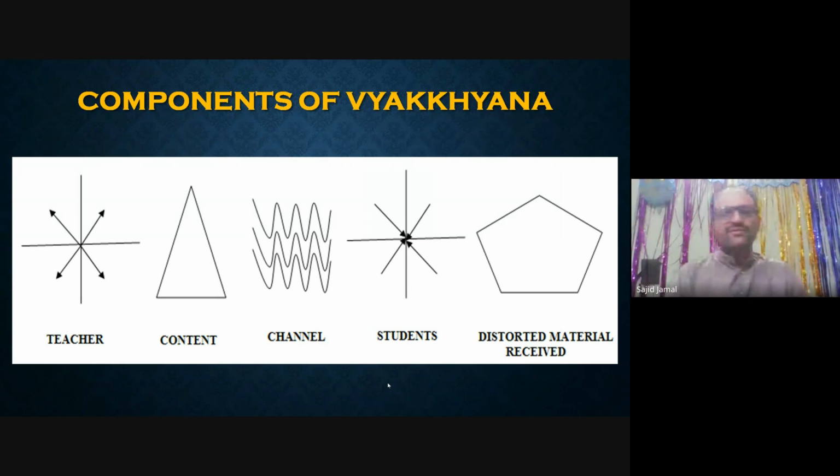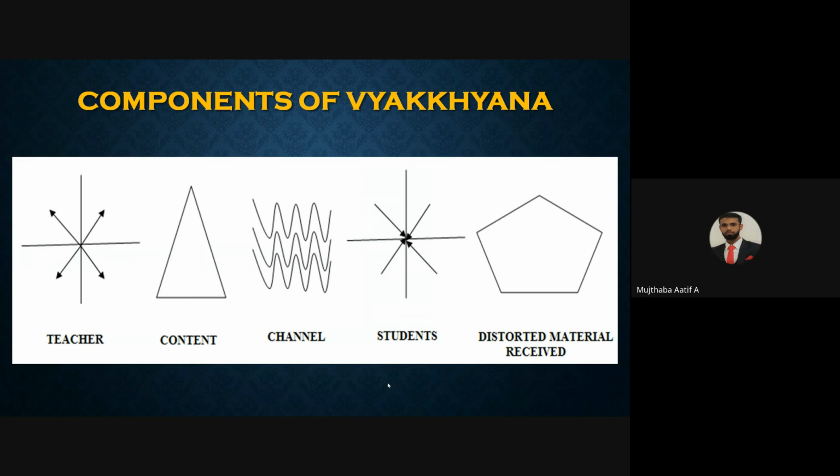Right. If you see component number 1 and component number 4, in component number 1 the arrows are outside, whereas in component 4 the arrows are inside. Can you guess what I want to communicate through this, my friends? The teacher spreads the knowledge, while the students absorb what the teacher did.